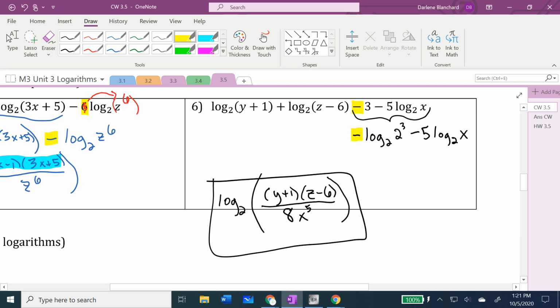Because that is being subtracted, I can't just use that division rule, because the division rule is based on a positive logarithm minus a logarithm. And I need to bring that 5 over here.